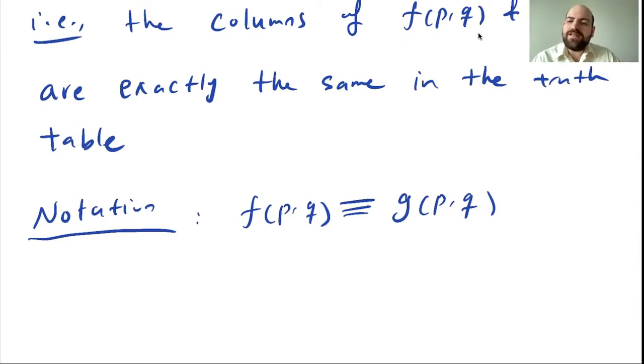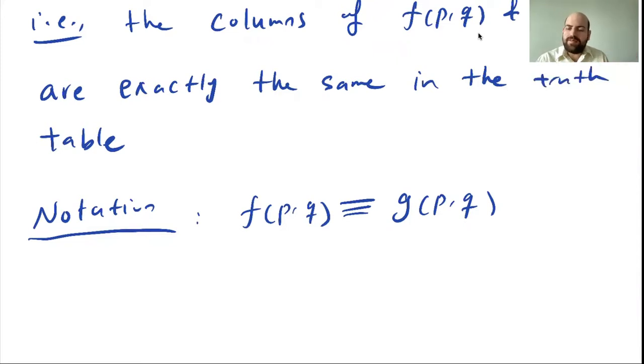I just say f of p and q because it could be any compound proposition. It could be P implies Q, it could be P or Q, it could be P and Q, it could be negation P and Q. Because I want to provide a general definition, I just called it f of p and q. G of p and q, again, could be anything: P implies Q, Q implies P.